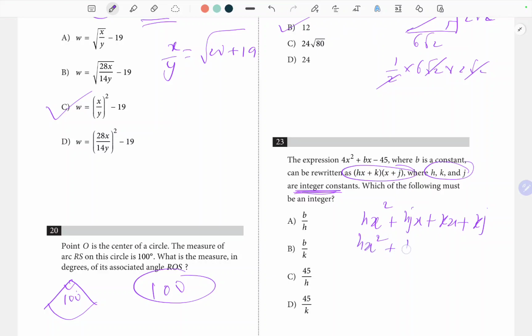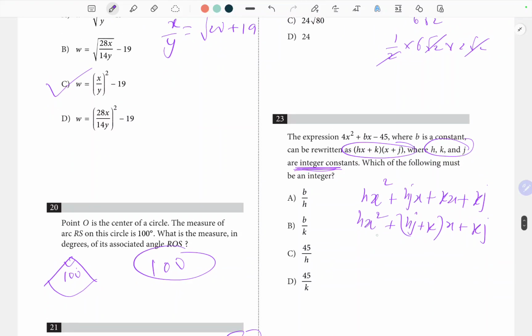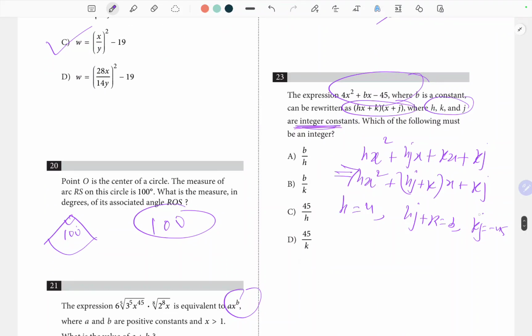So this is h x squared plus (h j plus k) x, we can take x common, and this is k j. So if we compare this with this, the h coefficient is 4 here, and h j plus k is b, and k j equals minus 45.